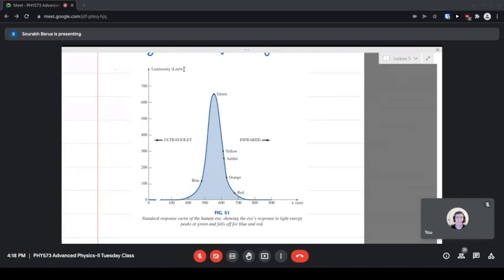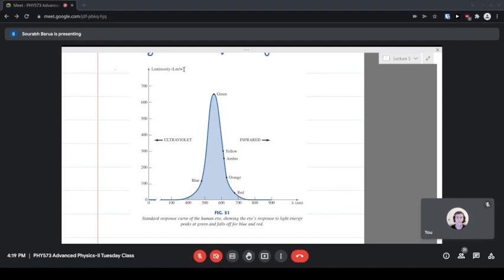So this is a measure of the sensitivity of the human eye.